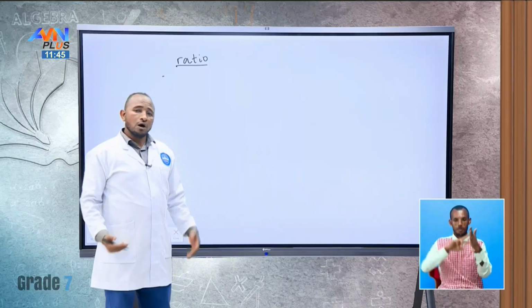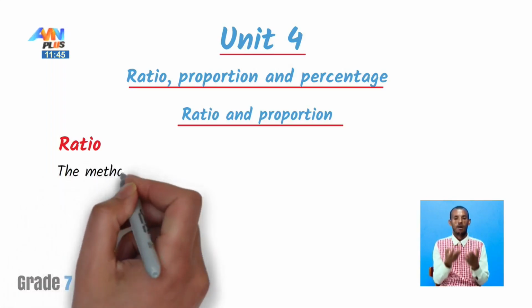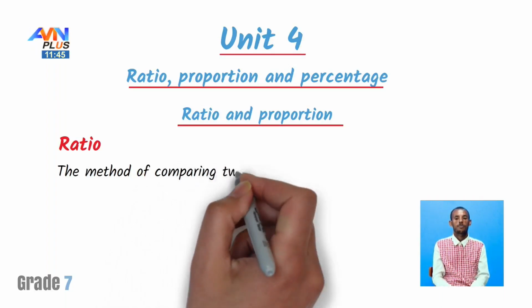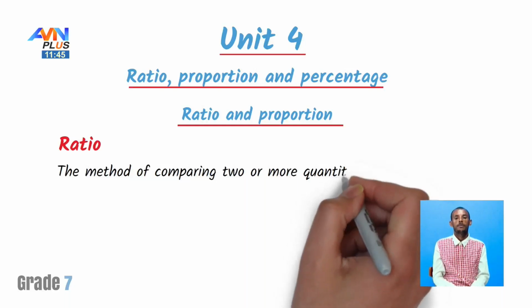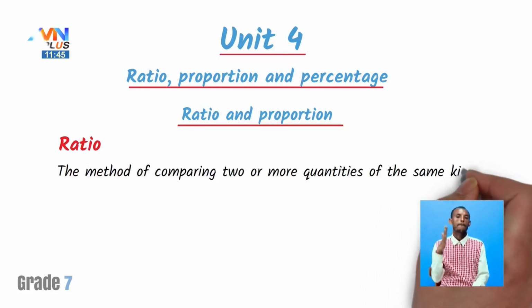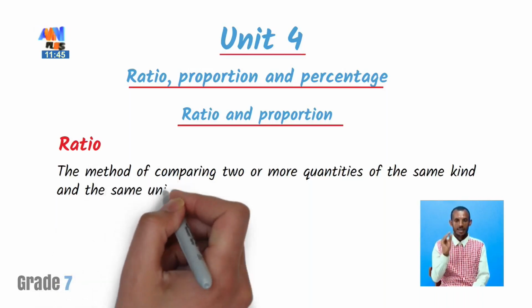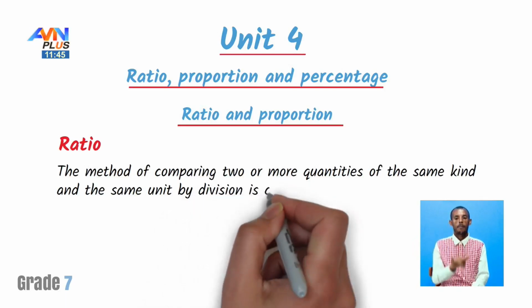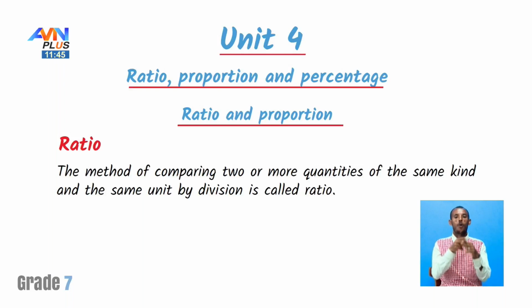The method of comparing two or more quantities of the same kind and same unit by division is called ratio.